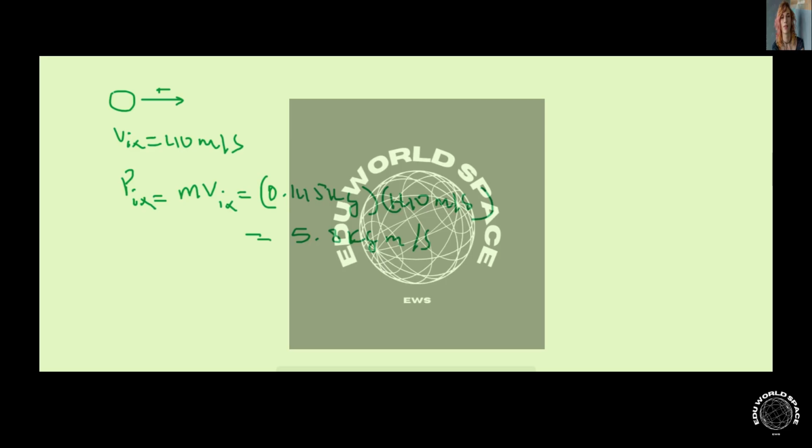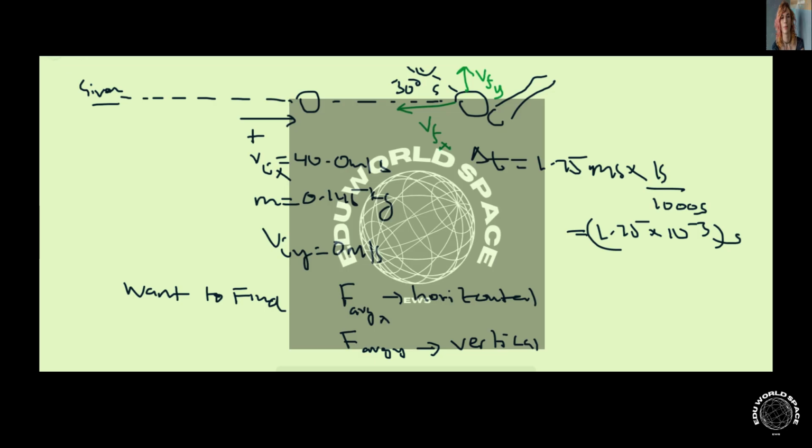Remember, our target is to get the vertical and the horizontal components of the average force. If you think of it in terms of a diagram, once the ball moves this way, there's a bat, and the bat hits the ball that way, so there's an average force responsible for that within a specific time.